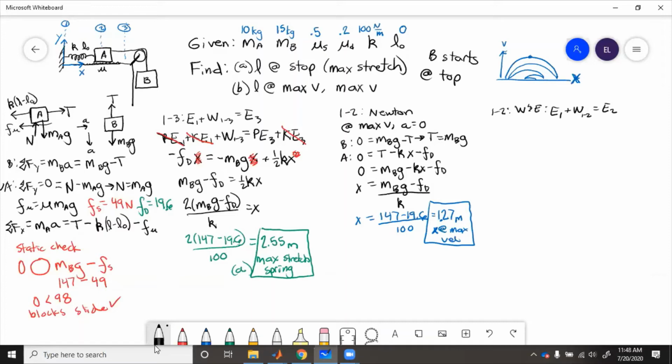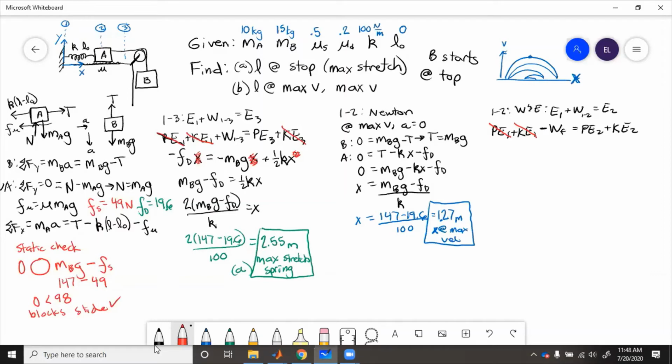So potential energy at 1 plus kinetic energy at 1 minus that friction work equals potential energy at 2 plus kinetic energy at 2. And remember, at 1, all the blocks started at 0, there was no potential, 0 velocity, no kinetic.